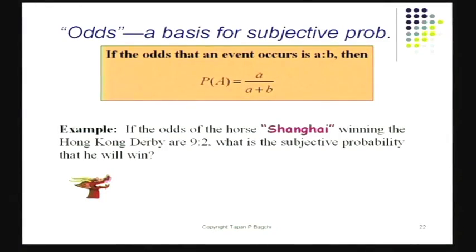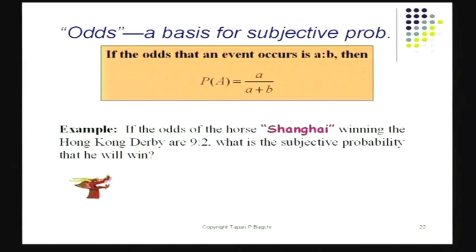There are various horses, named Beijing, Shanghai, Hong Kong, and so on, and those are raced in the evening. People are saying that the odds of a particular horse winning the Hong Kong Derby are 9-2. 9-2 basically means if the horse ran a total of 11 times, the chances are that 9 times out of those 11 he is going to win.